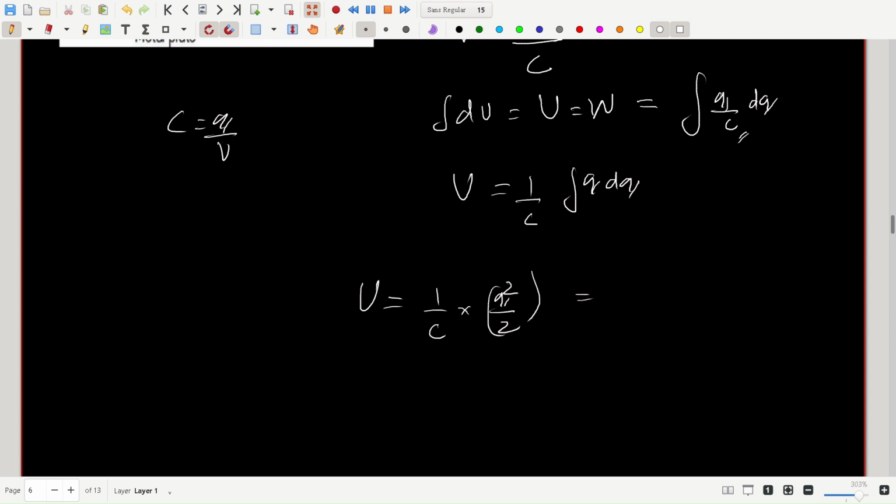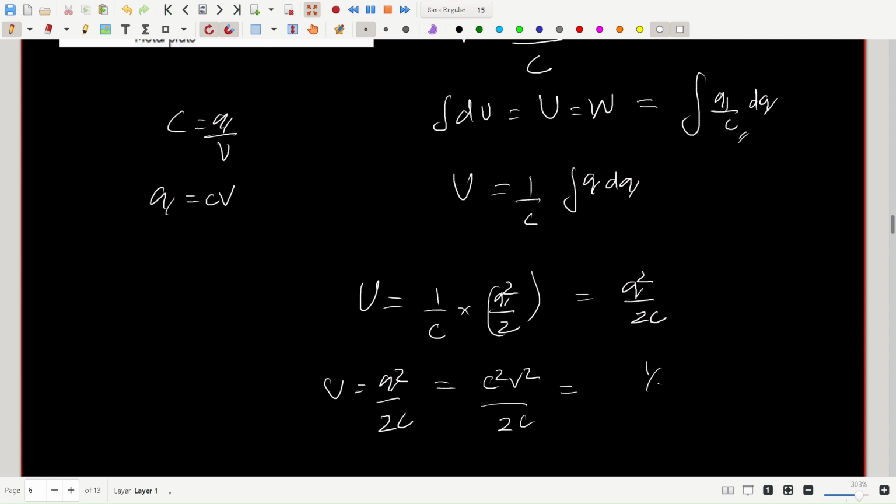So the final equation is U is equal to q square by 2C. For the value of charge, you can substitute q is equal to CV. You will get C square V square by 2C, that is half C V square. This is the equation for potential energy that is stored in a capacitor.